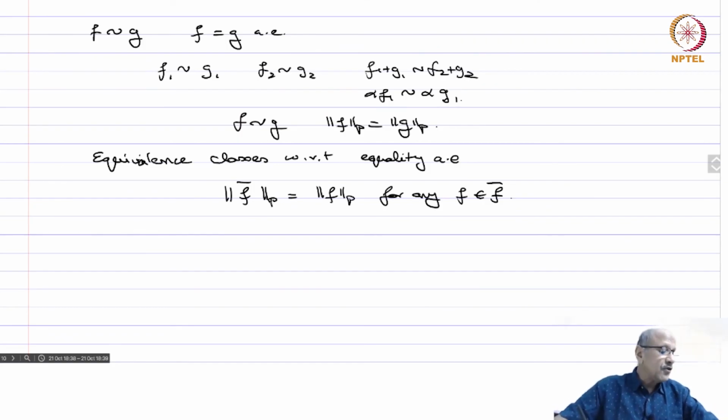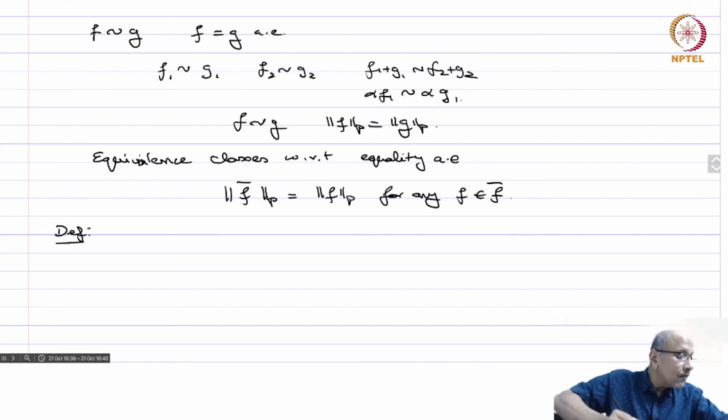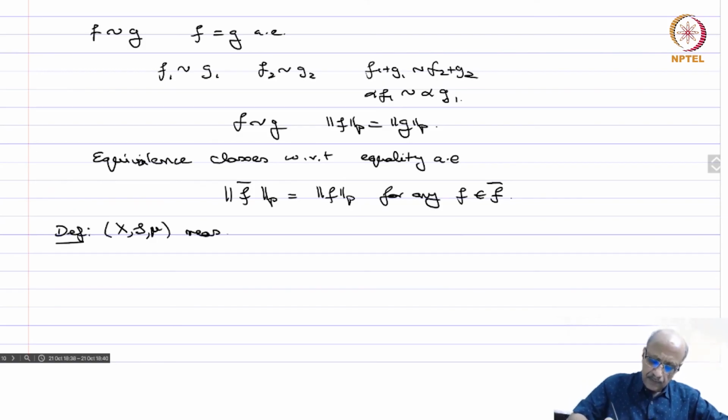Therefore we make the following definition. Let X, S, mu be a measure space and 1 less than or equal to p less than infinity.